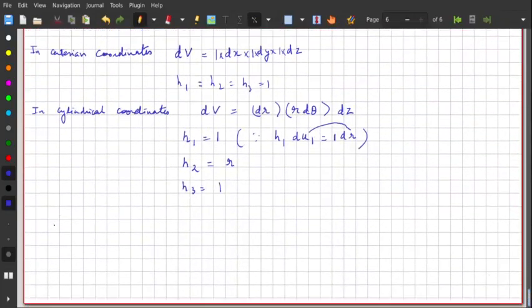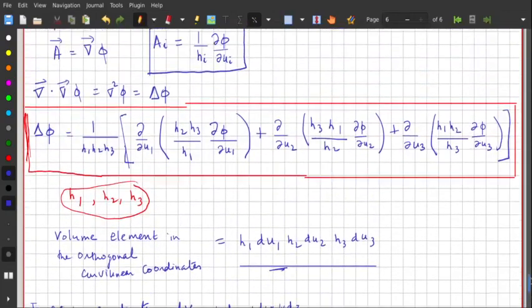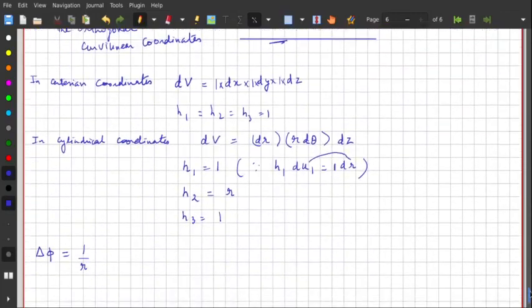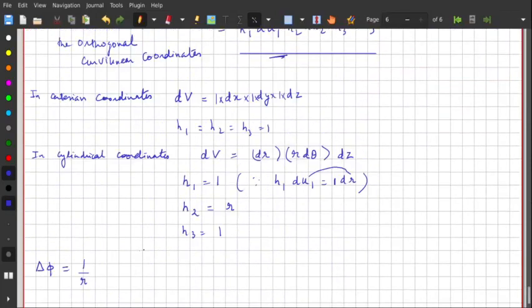Okay, so let me write the Laplacian operator in cylindrical coordinates. So that will become 1 over r, because remember, you have 1 over h1 h2 h3, and h1 and h3 are 1 and h2 is r, so the product is r. This becomes ∂/∂r of r ∂Φ/∂r.